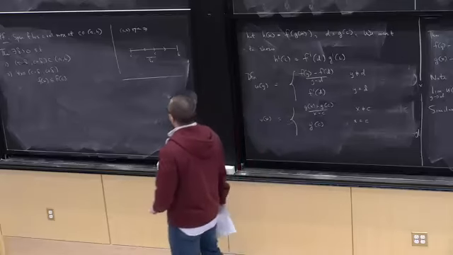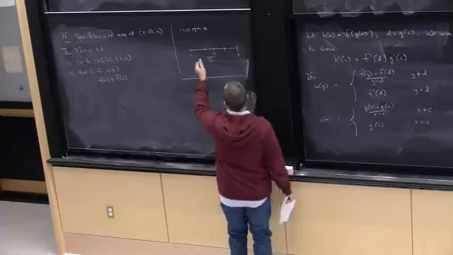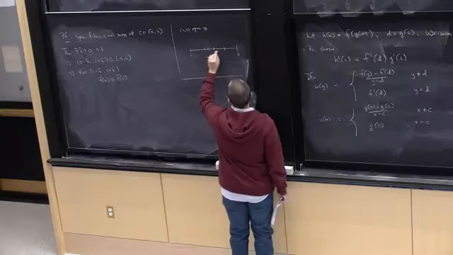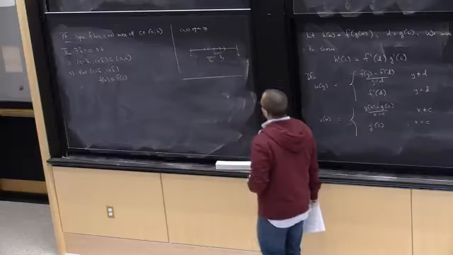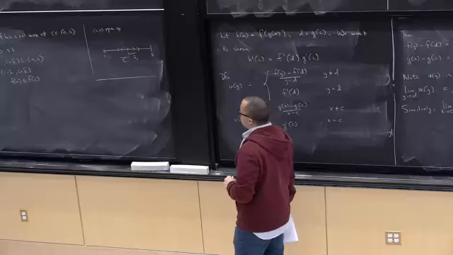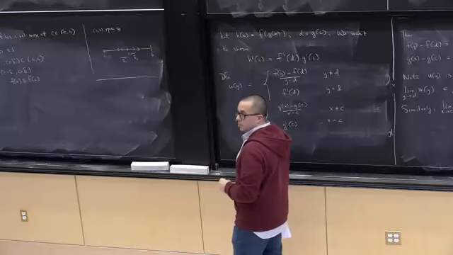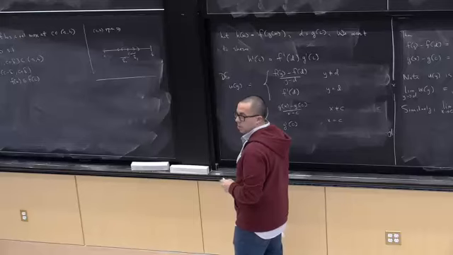Now, since f has a relative maximum at this point, there exists another delta 1, say, so that if I'm inside that interval, then f of x is less than or equal to f of c for all x in that interval. Okay? And I choose delta to be the minimum of these two deltas.